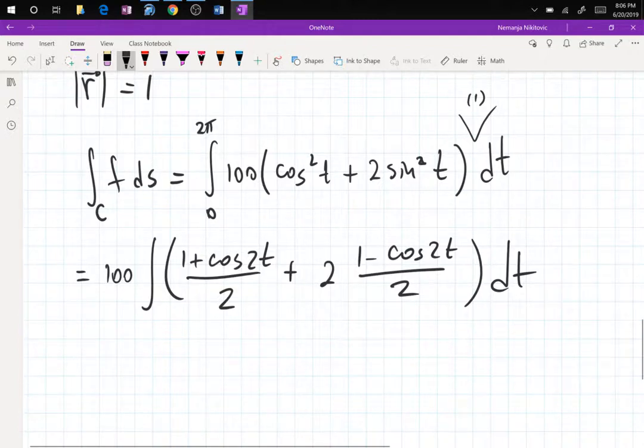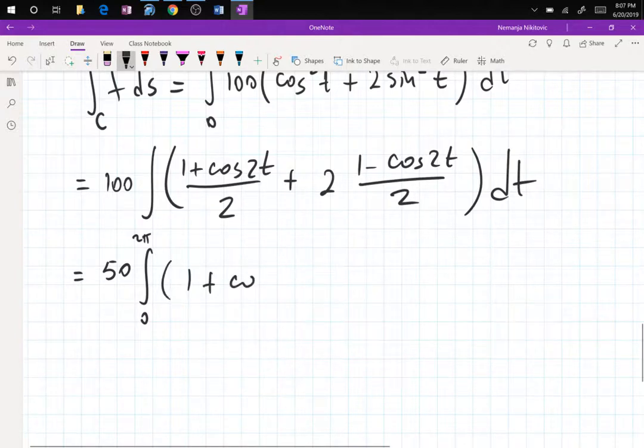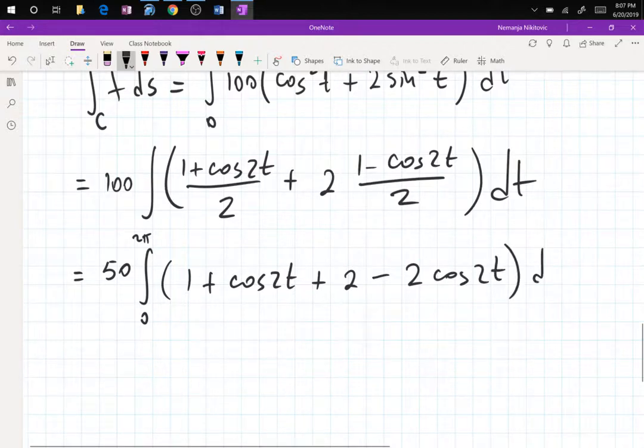I'm going to kick these 2's outside and make that a 50, and I still have the integral from 0 to 2 pi. What's left in here is 1 plus cosine 2t plus 2, and then minus 2 cosine 2t, and then I have a dt.